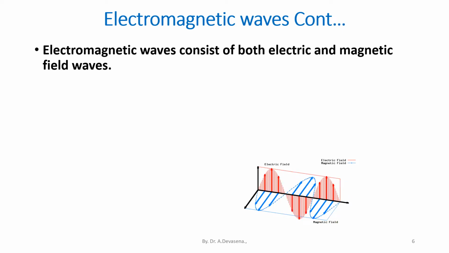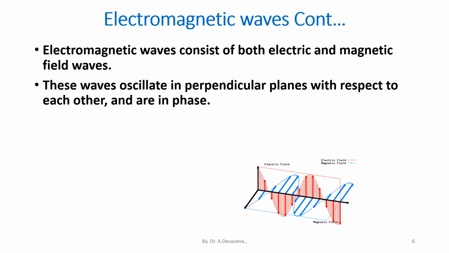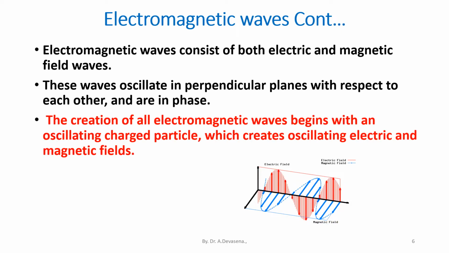These waves oscillate in perpendicular planes with respect to each other, and they are in phase. The creation of all electromagnetic waves begins with an oscillating charged particle, which creates oscillating electric and magnetic fields.